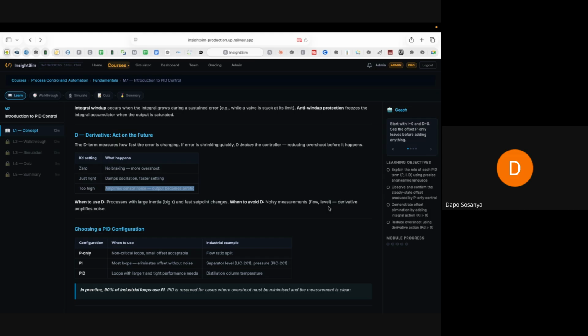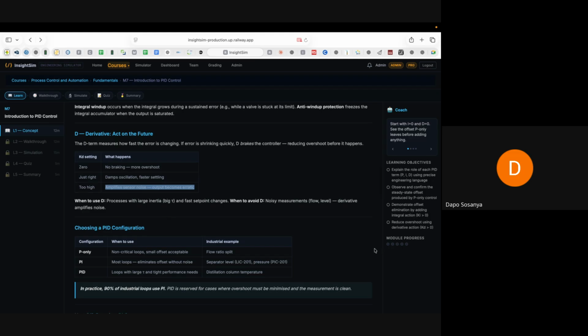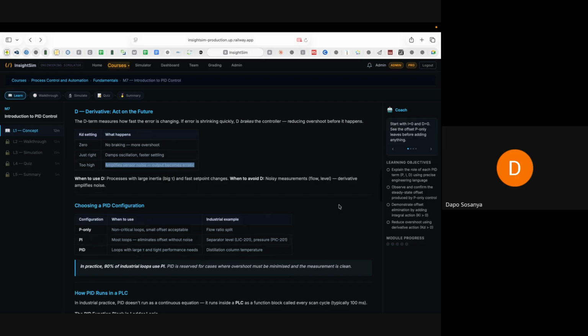Flow or level, derivative amplifies noise, right? So you begin to see that you avoid the derivative term when you have noisy measurements because it amplifies noise.